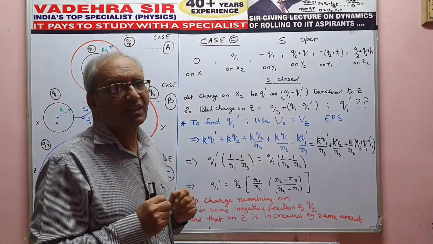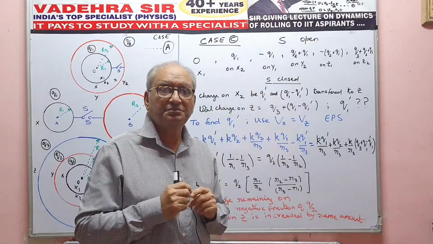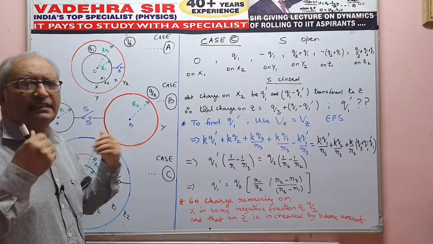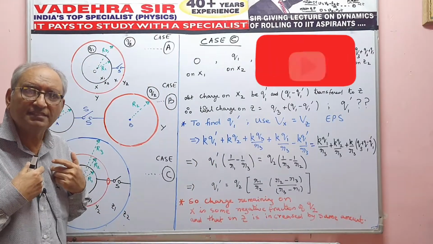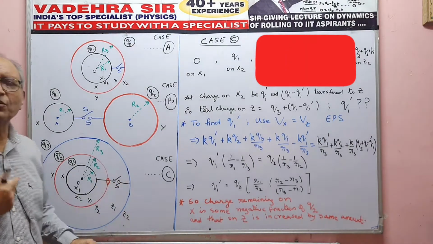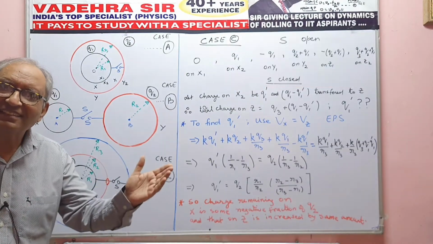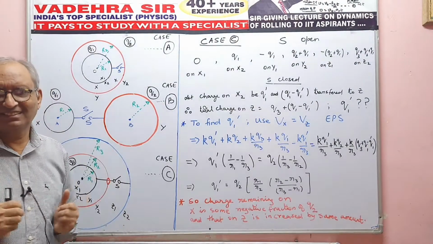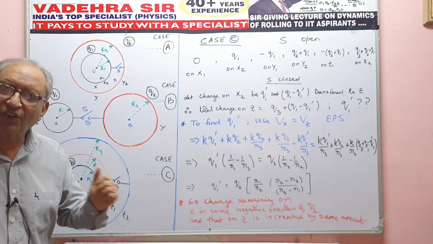What to do? I have to think of a constraint, a condition in order to find Q1 dash, and the beautiful condition that we have is that once plate X is connected to plate Z through a conducting wire, the two plates are at the same potential. So Vx equal to Vz when the switch is closed.